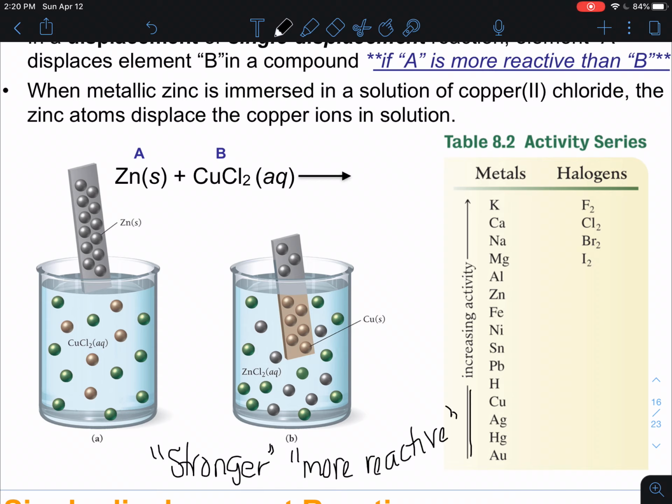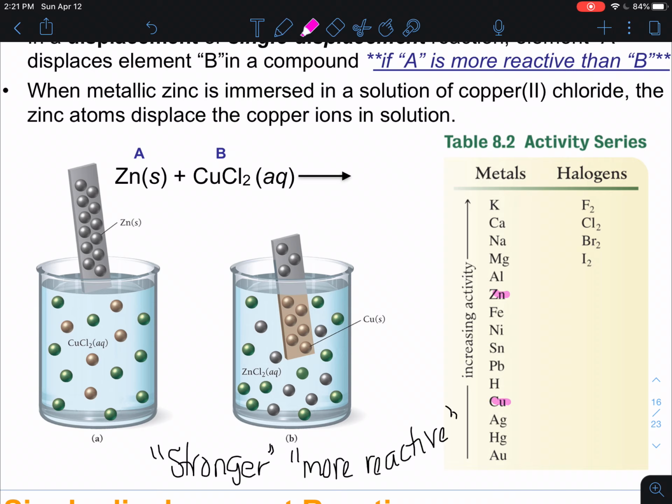Okay, so how do we know that it's more reactive? We have an axis, right? And this is increasing activity right here. So zinc is right here. That's zinc, right? So the only way that zinc won't replace copper is if it's higher in the activity series.